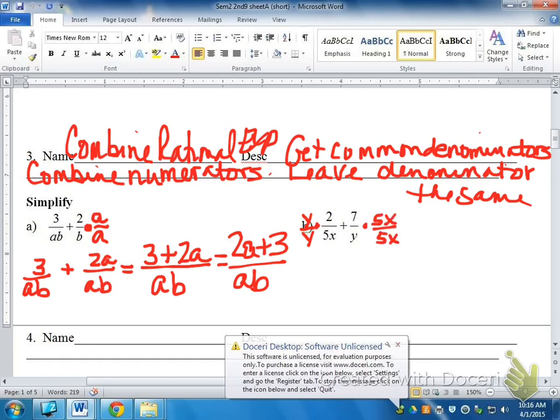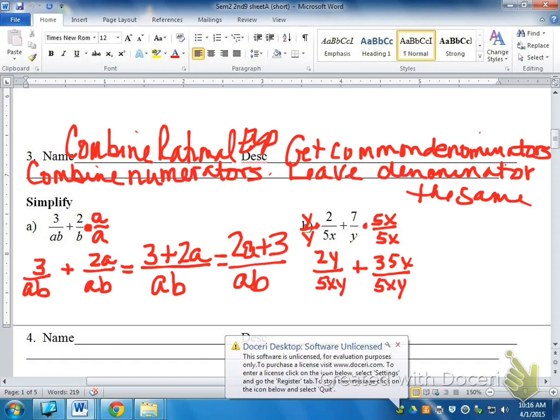Okay, so my fraction on the left, for y times 2, I'm going to go ahead and put 2y. And then y times 5x, I'm going to put 5xy. Plus, the fraction on the right, 35x over 5xy.